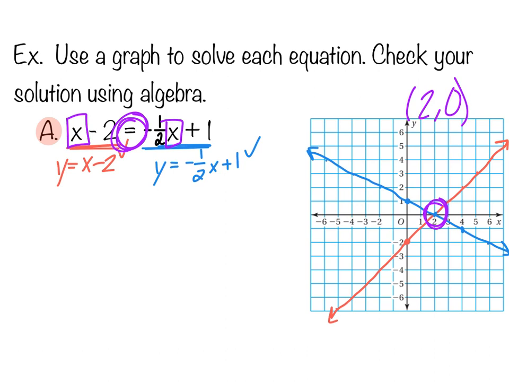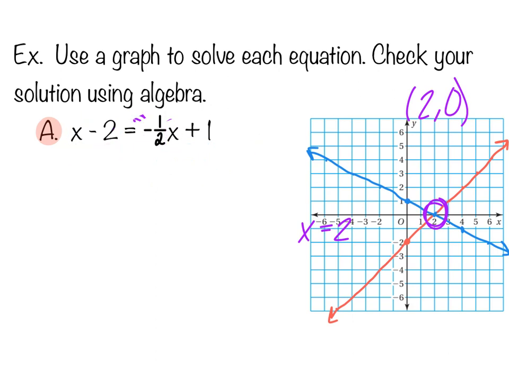Now it says solve your answer using algebra, so I'll go ahead and write this over here. Using algebra, we would want to move the x's over to the same side. I've got more x's on the left side, so I'd rather add 1/2 x than have to subtract x.